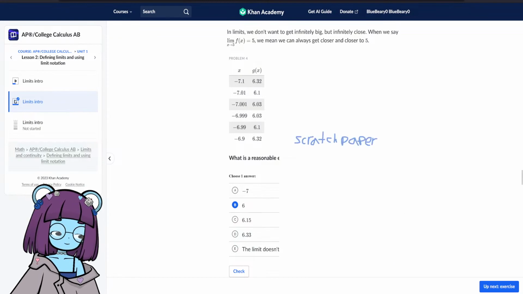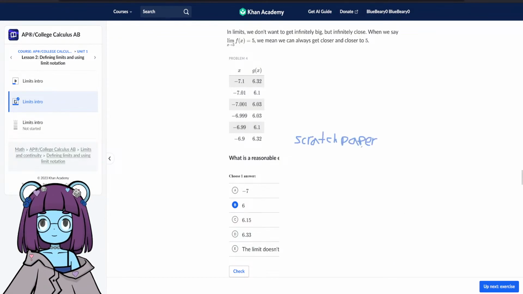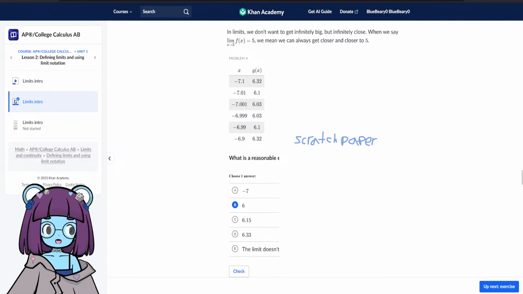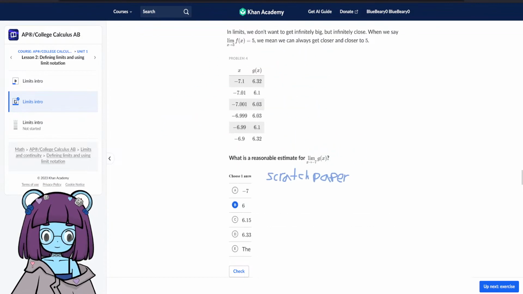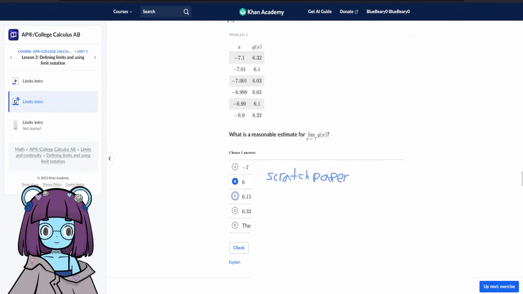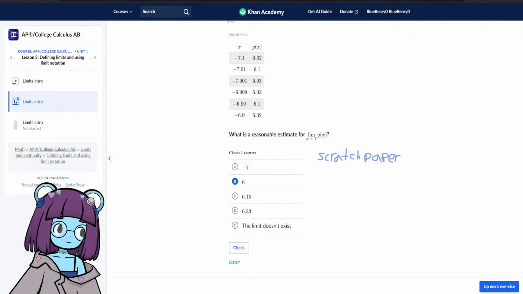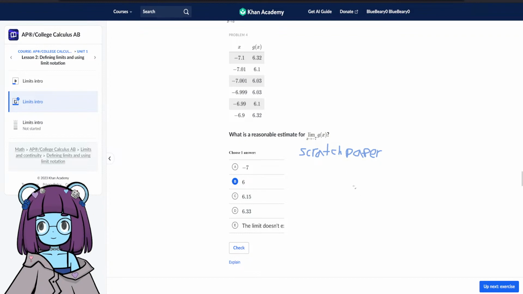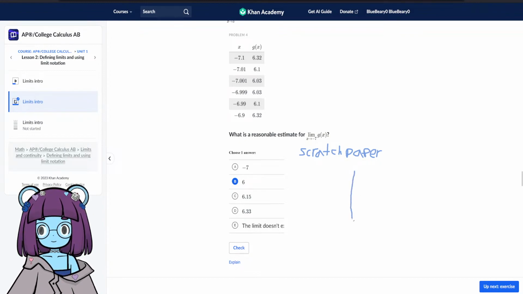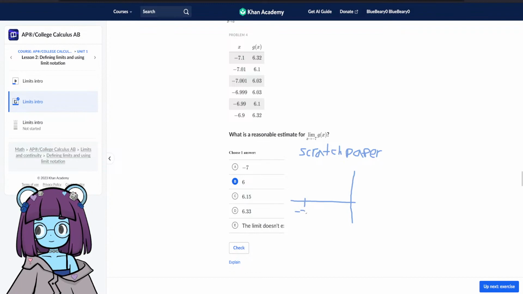So, the way that I see this is where the scratch paper comes in handy. Oh no, I'm blocking the question. Let me scroll up a little bit. There we go. So if I have really negatives, and then let's just say this is -7, something like -6.